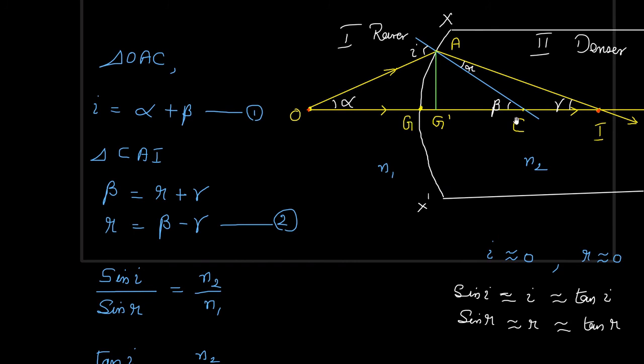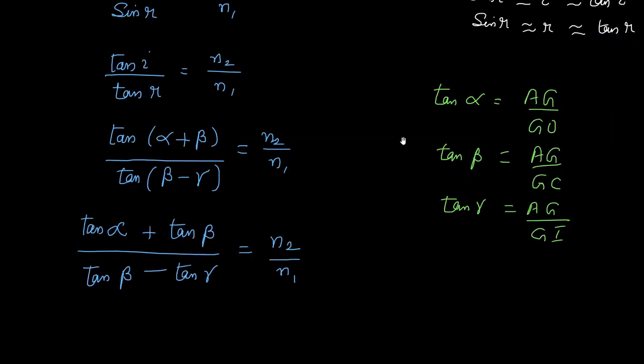GC is the radius of curvature R. So tan alpha is AG divided by minus u, tan beta is AG divided by GC, radius of curvature R, and tan gamma is AG divided by GI, which is plus v.